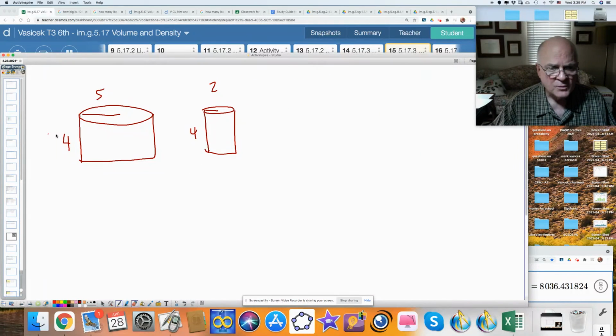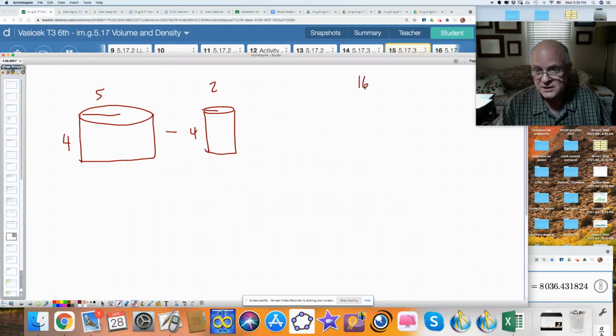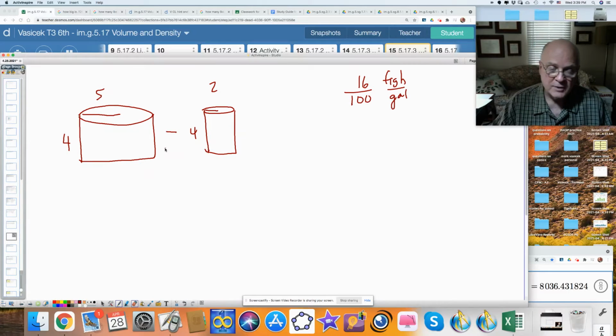Now, we take the volume of the one and we subtract the volume of the other. That will give us the volume of the water. We know that the fish density is 16 over 100. This is fish per gallon. So we need to figure out how many cubic feet there are, and then we need to figure out how many gallons there are. So let's do that.